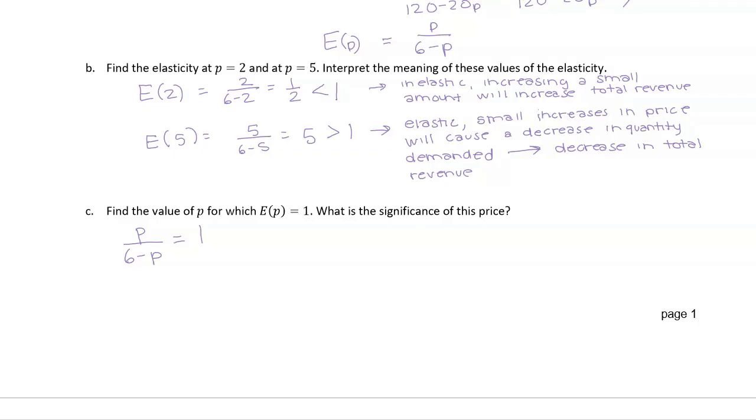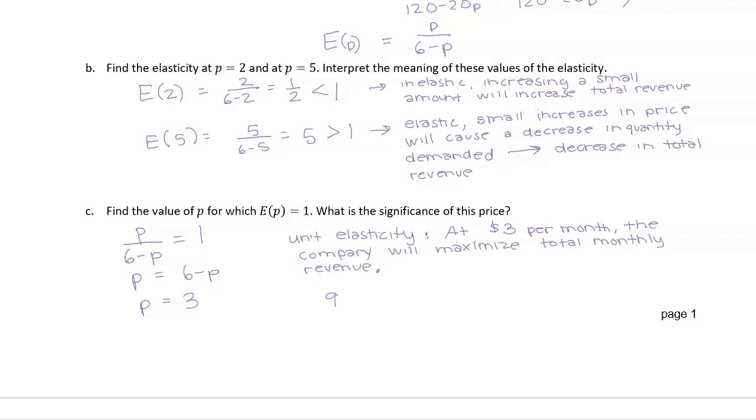I'm going to multiply each side by 6 minus P, so I get P equals 6 minus P. Then I'll move that P to the other side, divide by 2, and I get P equals 3. So this is unit elasticity. At $3 per month, the company will maximize total monthly revenue.